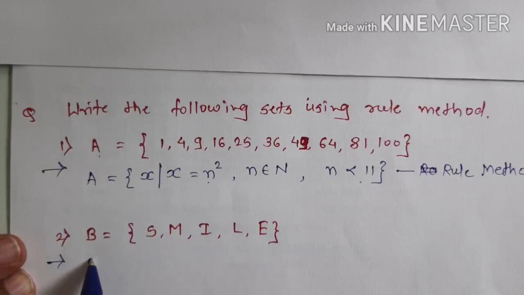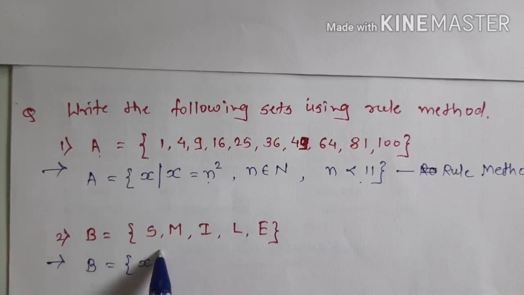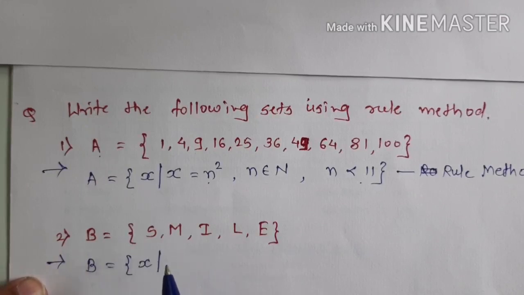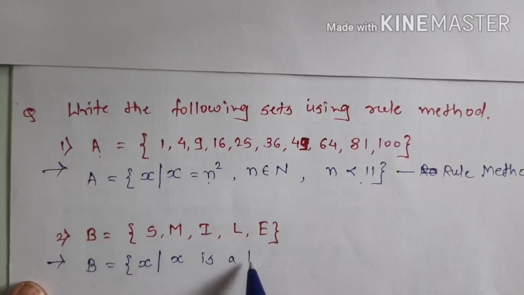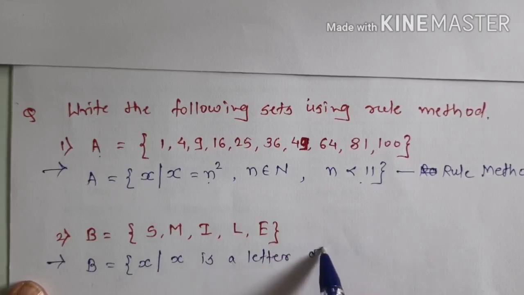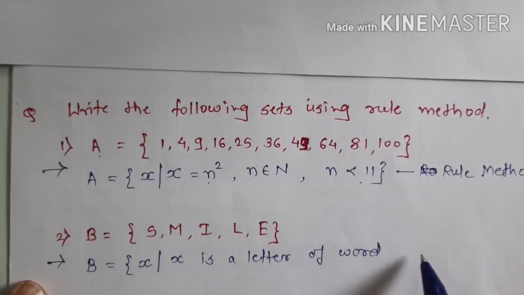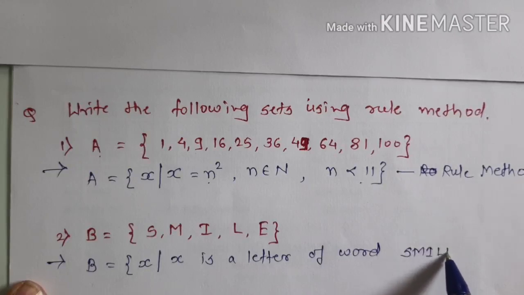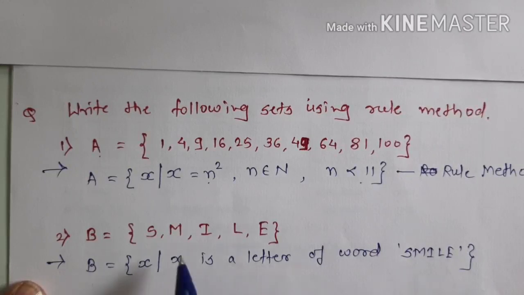So again we can write the property, set B is equal to a variable x, such that x is a letter of the word smile, curly bracket completes. So this is the property by which we can write the elements by listing method, and this is the method by which we can write the same set using the rule method.